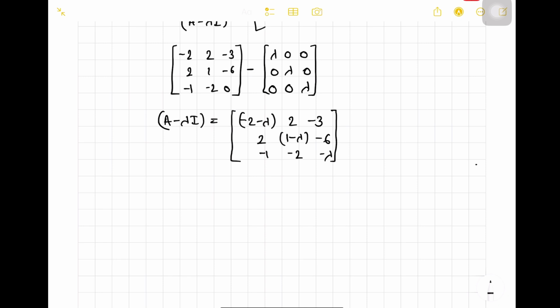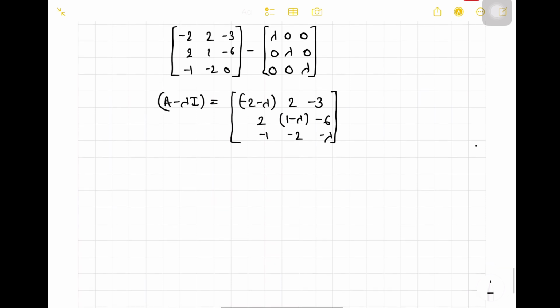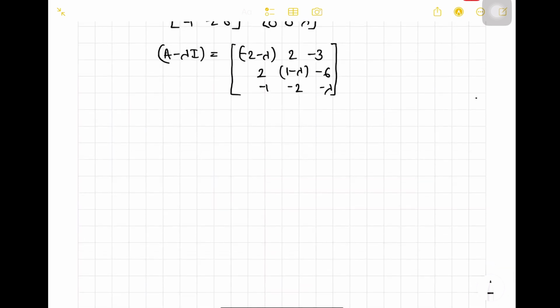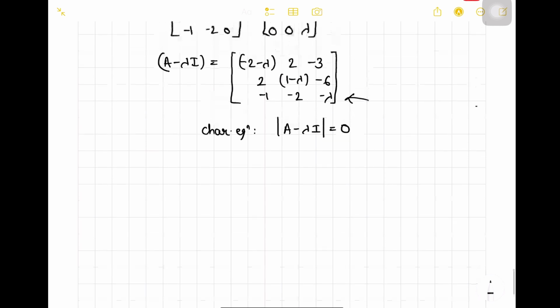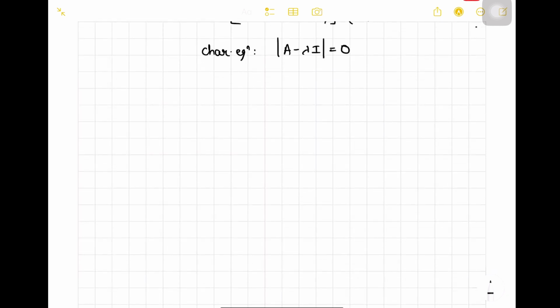So now to find out the eigenvalues, we will consider the characteristic equation, which is the modulus of A minus lambda I equal to 0. So in last lecture I told you how to calculate the mod of this matrix by shortcut method. So if you don't know, then I will solve.